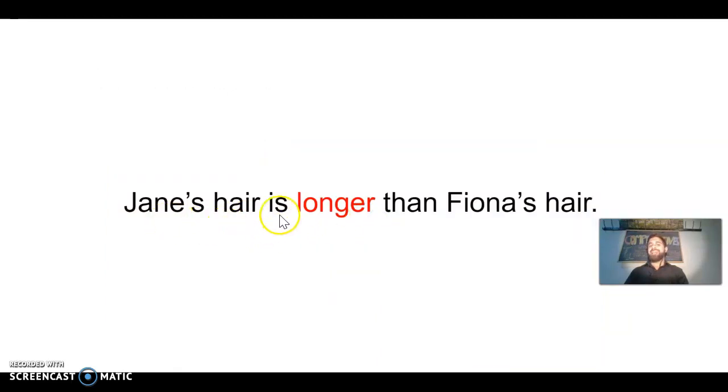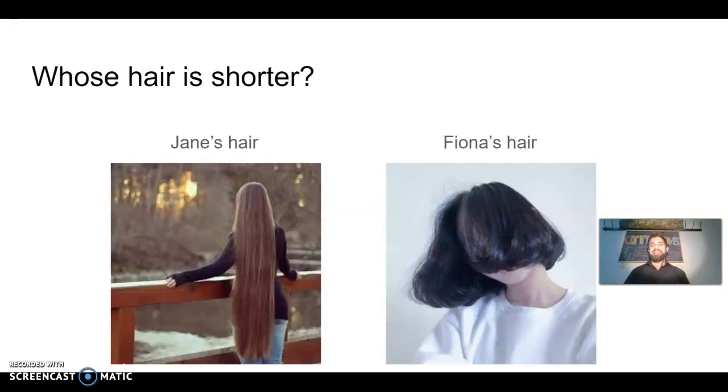Jane's hair is longer than Fiona's hair. Now also notice this word here, than. Whenever we have a sentence with comparatives, generally after the comparative adjective, we put the word than after it. Let's take a look now at the next one.